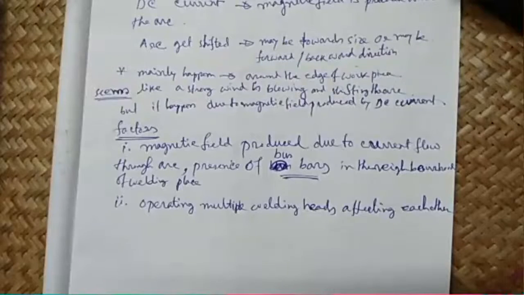Multiple welding heads means, suppose you are doing carbon arc welding with carbon electrodes. There, using two electrodes simultaneously is a very normal phenomenon. So if such multiple welding heads are working, then one electrode may disturb the other.